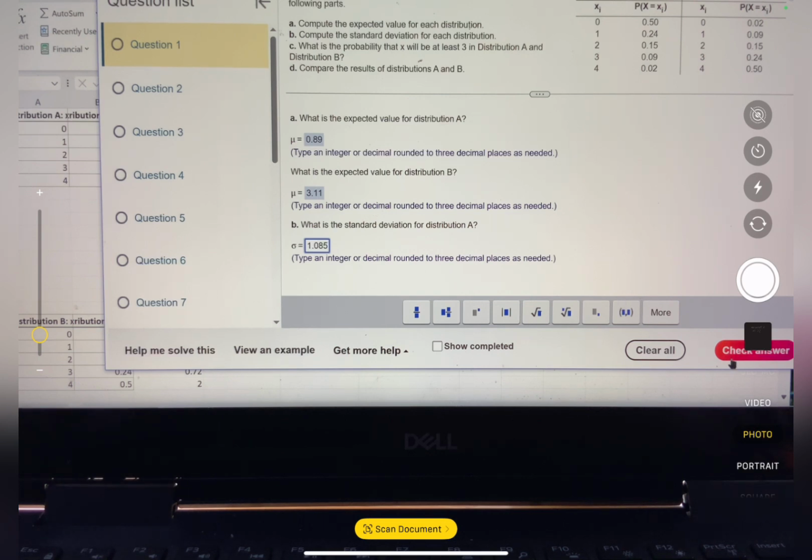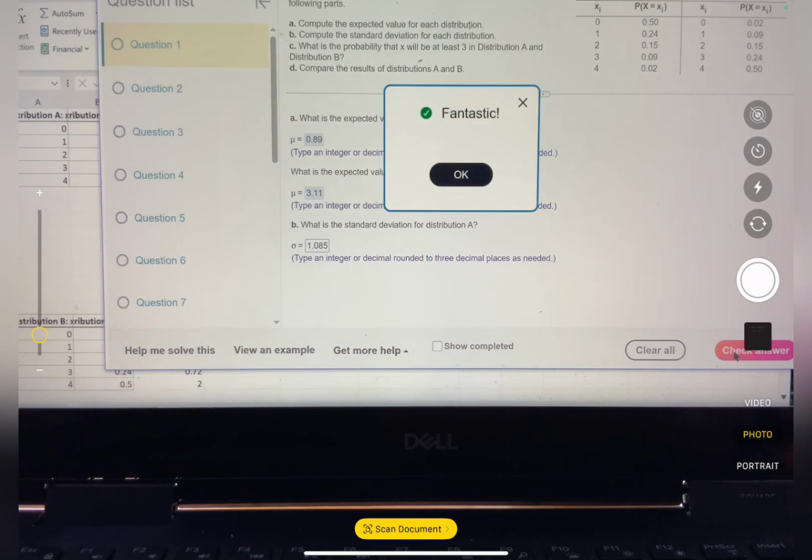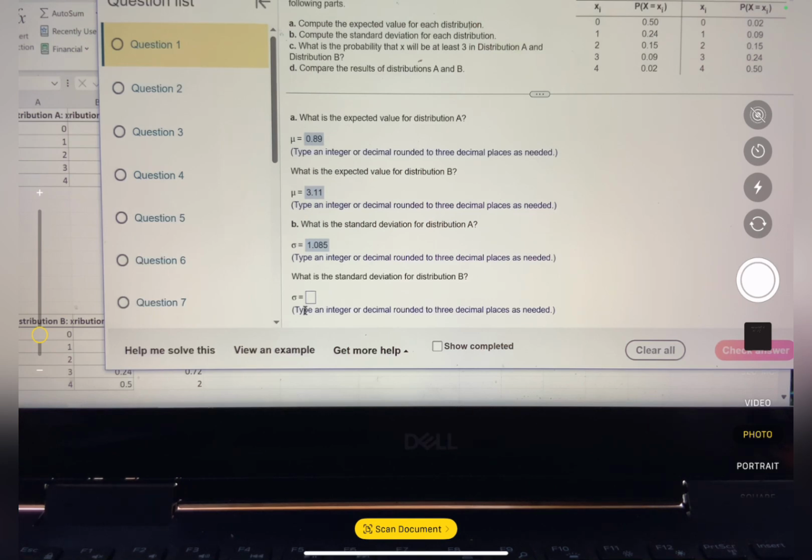All right, so let's check. Yes, fantastic. So next thing, you're going to do it by yourself the same way. For the second one, the standard deviation for distribution P, you can do it exactly the same way.